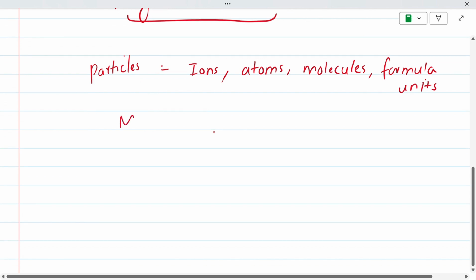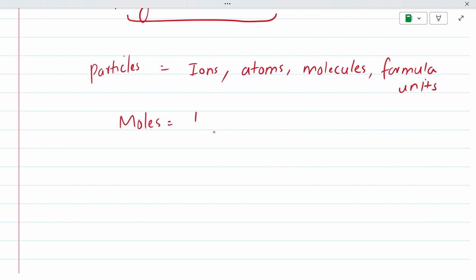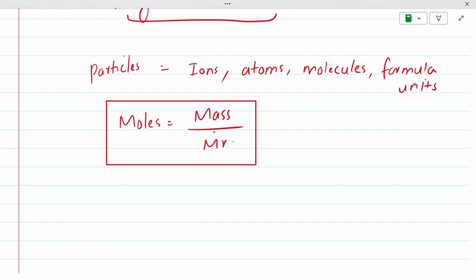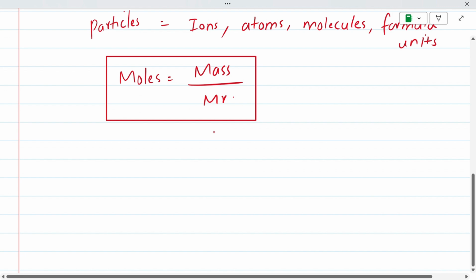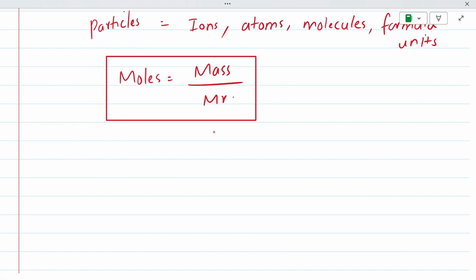That was moles equals mass over Mr. Now let's focus on how to calculate the Mr first of all, before we move on to finding the moles. You will see questions in which you have to figure out the relative molecular mass. It's very simple actually.